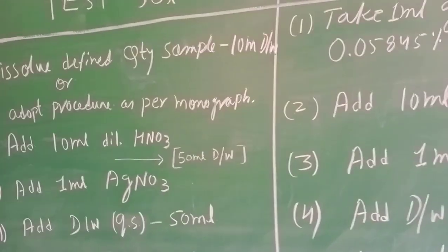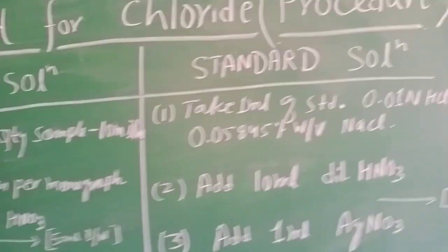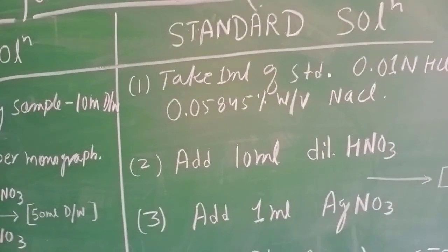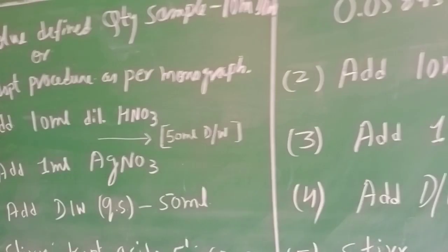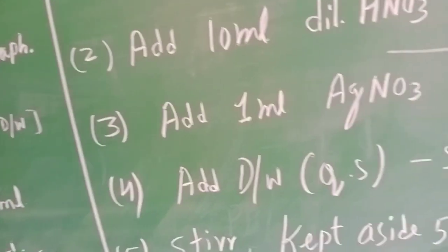Our final volume must be 50 ml for the test solution as well as for the standard solution. It doesn't matter at what step we are adding the distilled water.